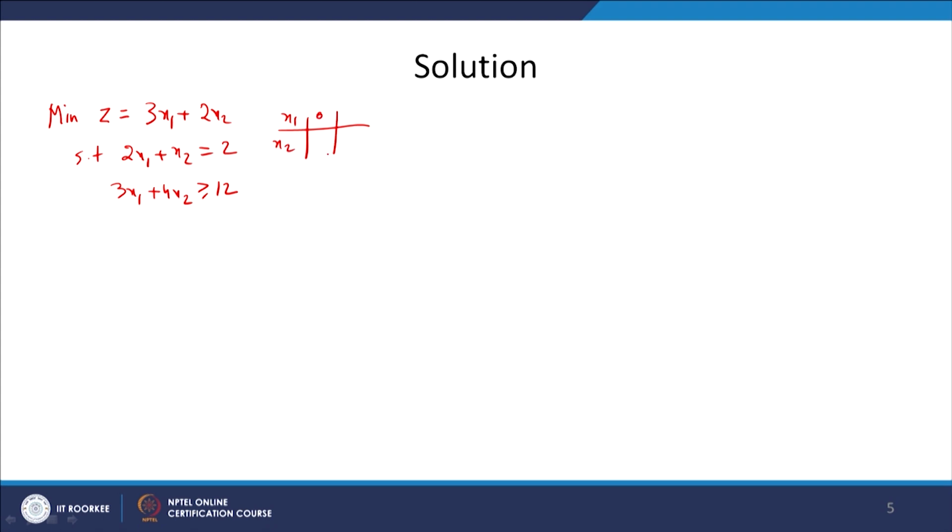If x1 is 0, then x2 is 2 and the second point is 1 comma 0, and for the second constraint if x1 is 0, then x2 is 3 and the second point is 4 comma 0. So, therefore, let us plot the problem like this.